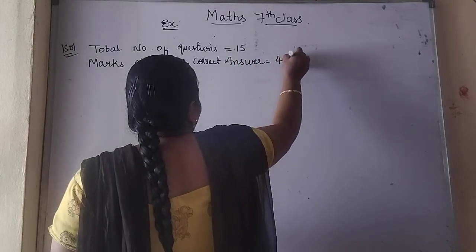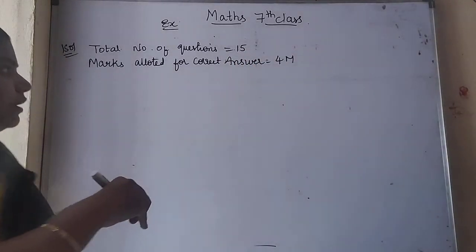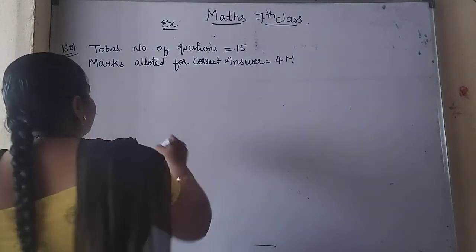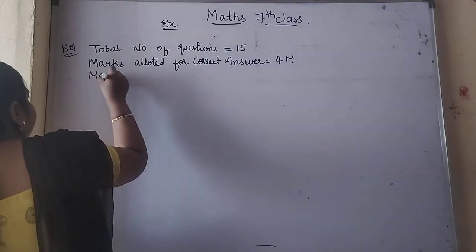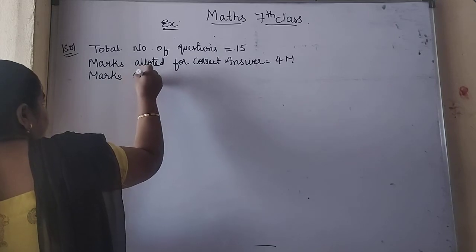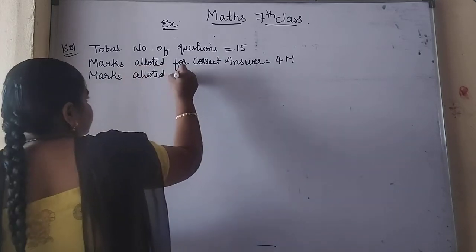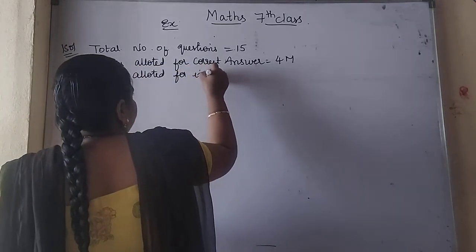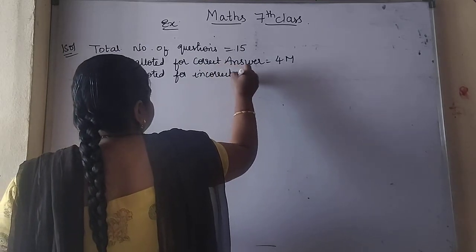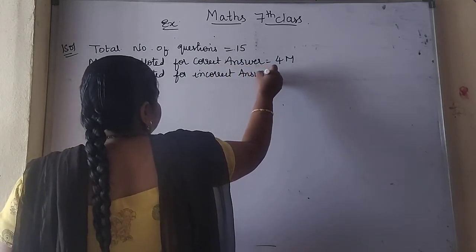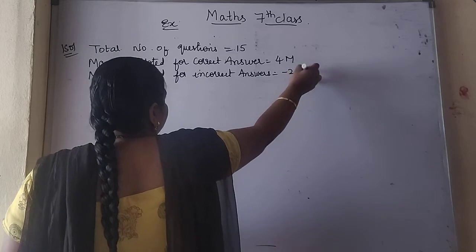That is 4 marks, and for every incorrect answer they are deducting -2 marks. So marks allotted for incorrect answers are how many? -2 marks.